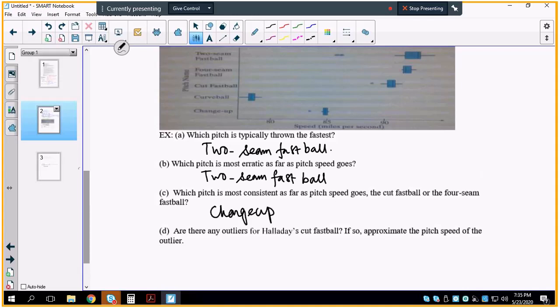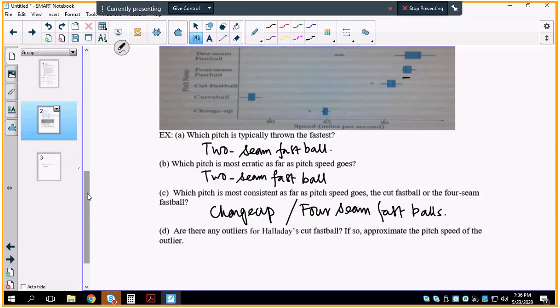Someone might disagree with me and say that, well, because it has an outlier, I want to go with the four-seam fastball, because this one also has a small interquartile range. So either of these answers is acceptable. In my mind, the changeup is the best answer because the interquartile range, quartile 3 minus quartile 1, is the smallest in this type of the baseballs. So four-seam fastball, as I said, either of them will be accepted.